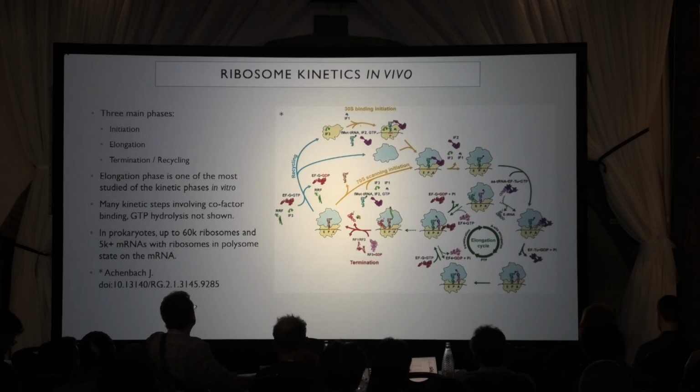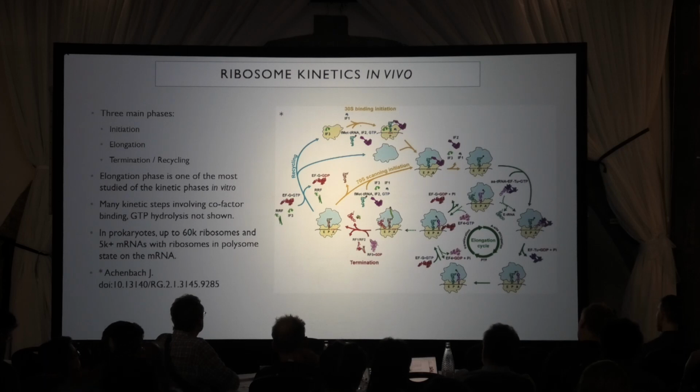All of this is highly concentration dependent. In prokaryotes, so in E. coli, which is doubling, say, every 30 minutes or so, you'll roughly have 60,000 ribosomes and about 5,000 messenger RNAs in the cell. So that's the background.